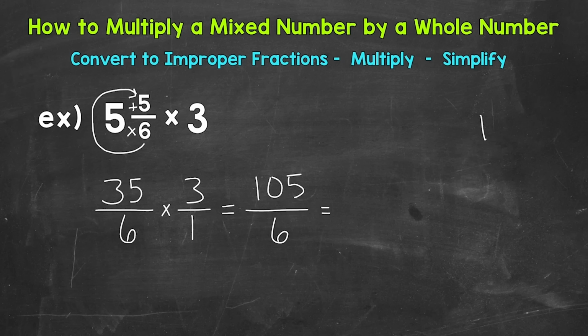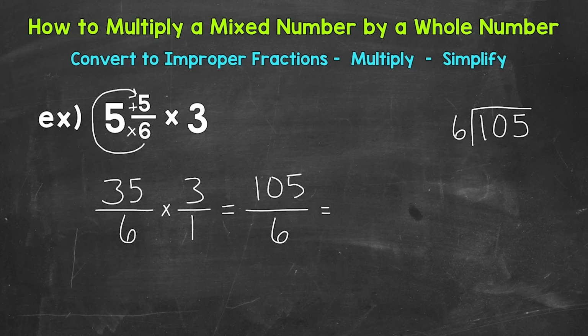I'm going to come to the side here to work through that. So we have 105 divided by 6. The first thing we need to do, we need to find out how many whole groups of 6 are in 105. That's going to be the whole number part of our mixed number. So let's start with 10 divided by 6.